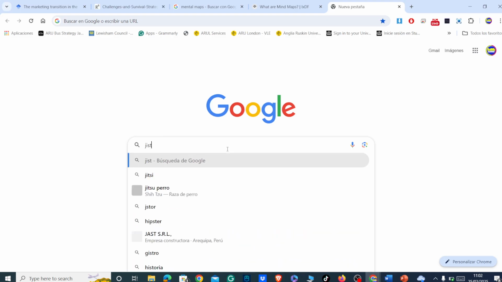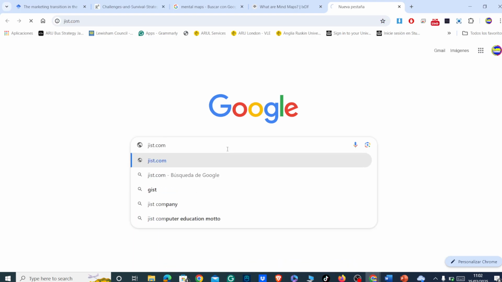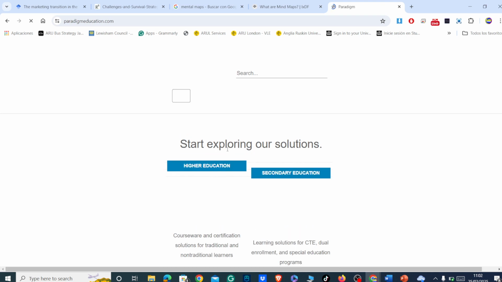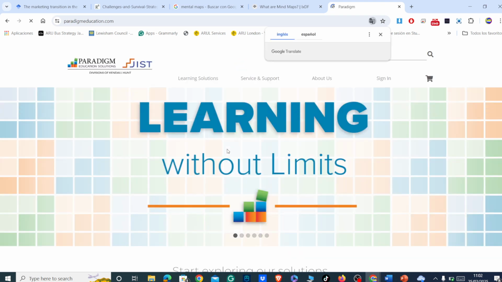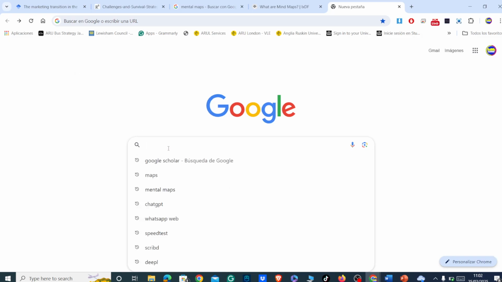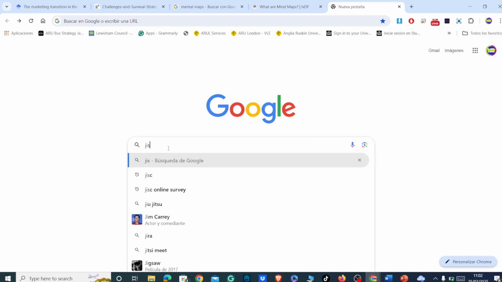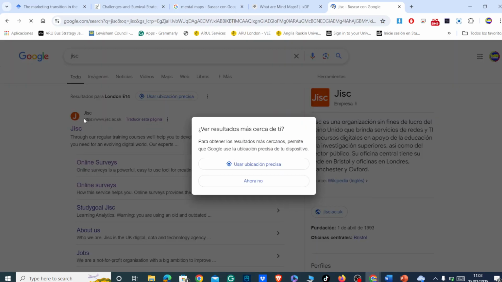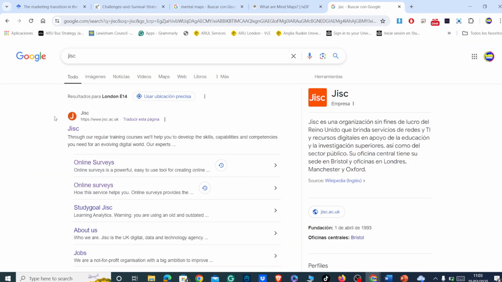I think so. It's a United Kingdom organization. Oh, there you go. Network and IT services and digital resources in support of further and higher education research. There you go. Joint Information Systems Committee. That's what the acronym stands for.